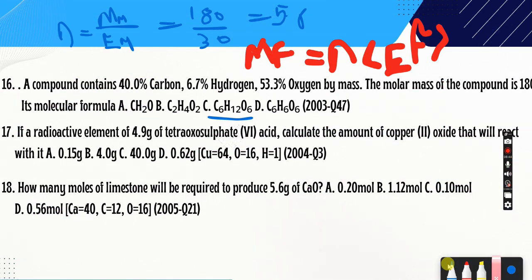So now the next question is saying that a radioactive element of 4.9 gram of tetraoxosulphate(VI) acid. Calculate the amount of copper(II) oxide that will react with it.